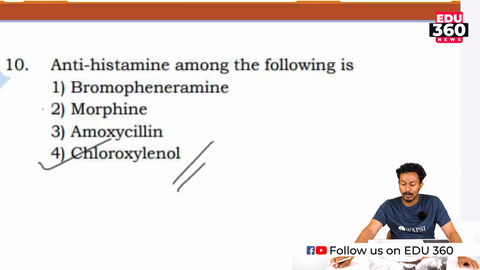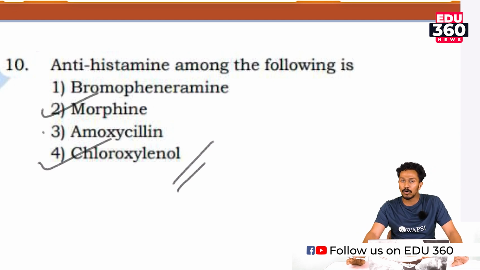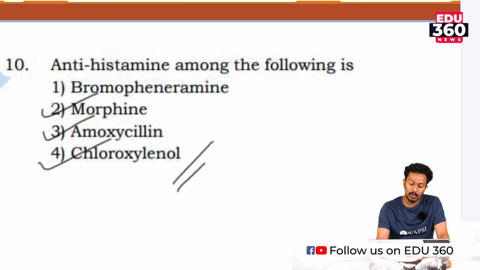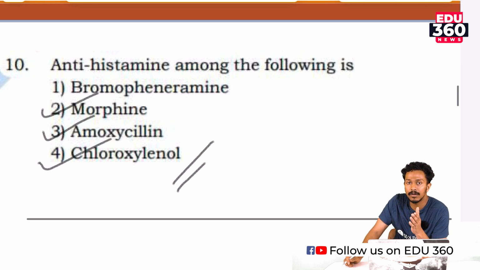And we could also rule out option 2, morphine, which is a narcotic drug used for patients in the last stage of cancer and all. Amoxicillin, what is amoxicillin? It is an antibiotic. We could also rule out amoxicillin. So, the correct option is bromopheniramine, which is an antihistamine drug for the common cold and allergic reactions.